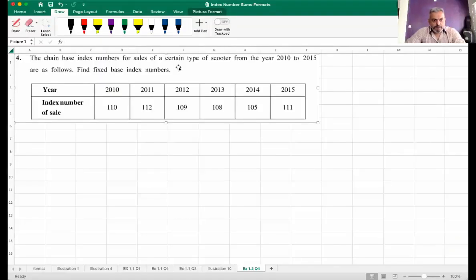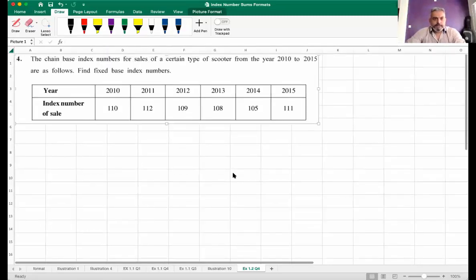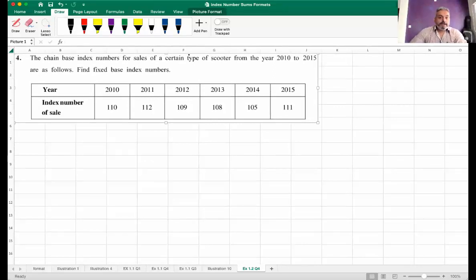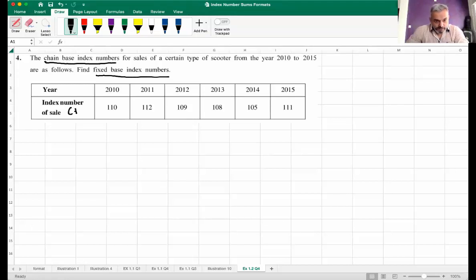So question number 4, exercise 1.2, page number 19. The chain-based index numbers for sales of a certain type of scooter for the years 2010 to 2015 are as follows. Find the fixed base index number. So this is the chain-based index number, and we have to find the fixed base index number. So let's write the question.